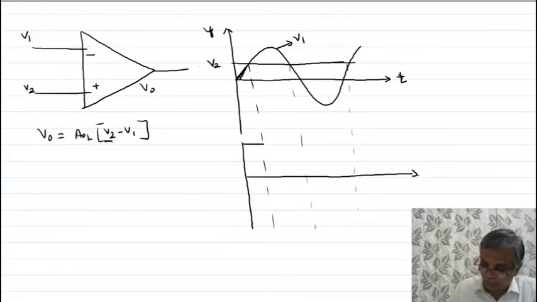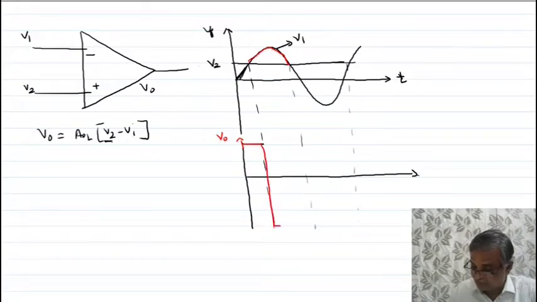I am showing you, this is my output positive Vsat. Now V1 is more than V2. You can see during this time it is more than V2, your output is negative. Again V1 is less than V2, so your output is positive.